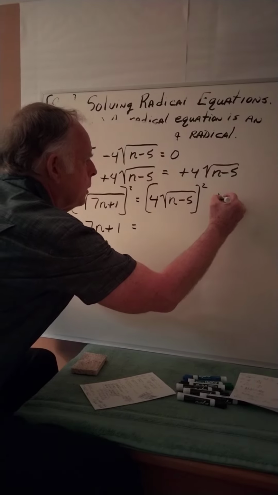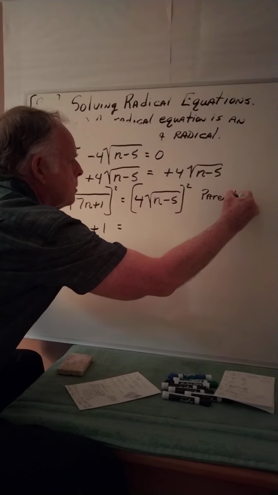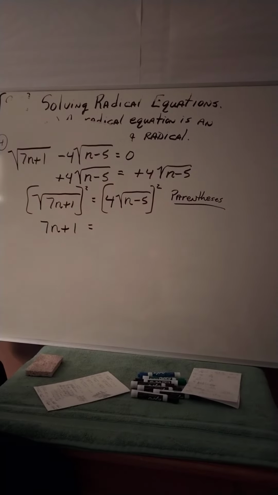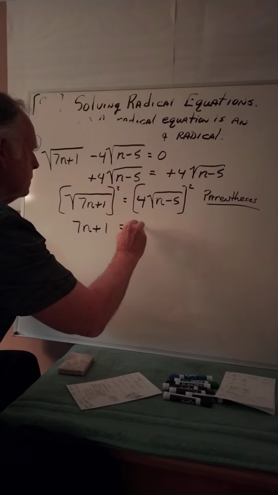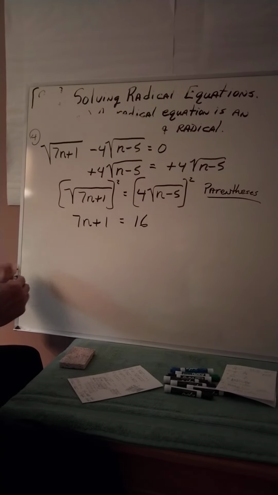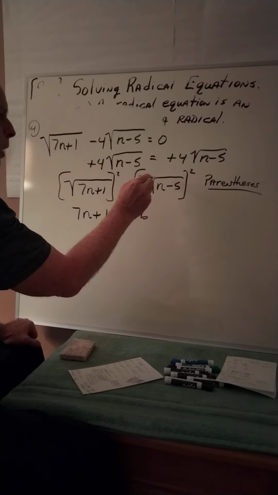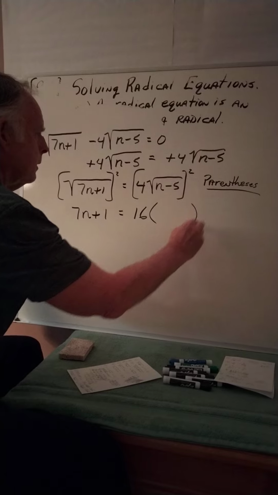There's a key little word that I'm going to write right here. The use of parentheses is going to be key. It's a must. Let's square the 4 down. Now you see that 16 is going to have to be multiplied by the result of squaring the radical, so get a parenthesis ready.